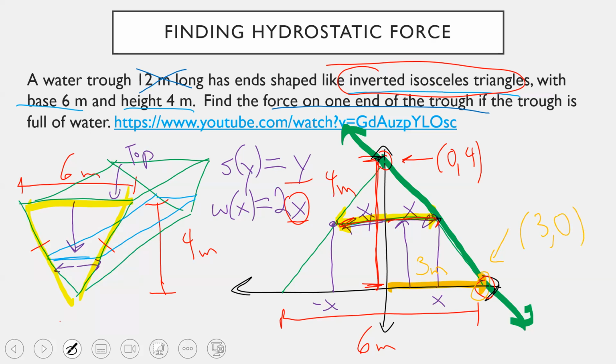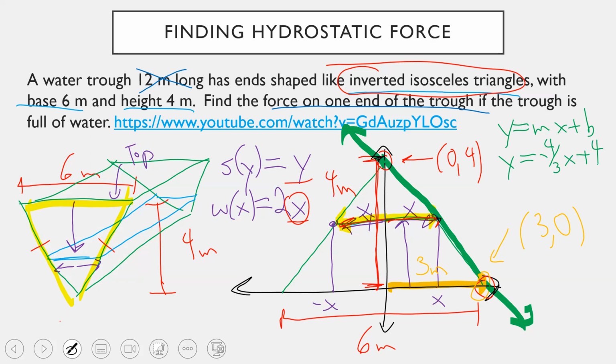Okay, so we've got 2 points on the line. We can use our general form for a line, which is y equals mx plus b. Again, I'm not going to go through all the details here. I'll leave that to you. When we do that, we end up getting that the equation of our line in this case is negative 4/3 x plus 4.